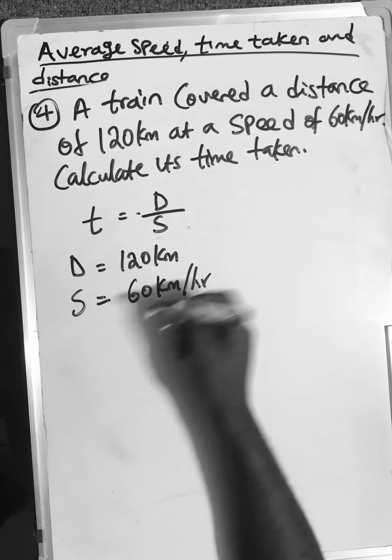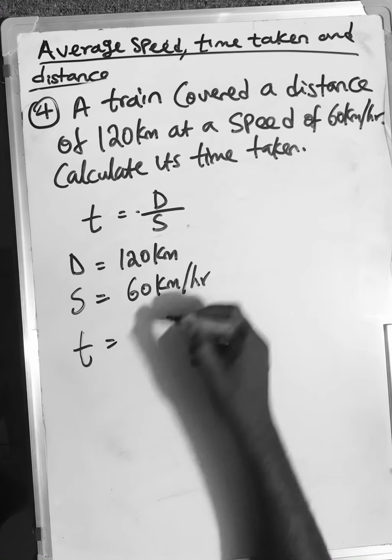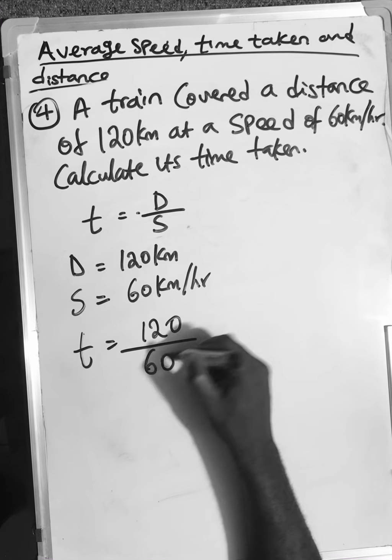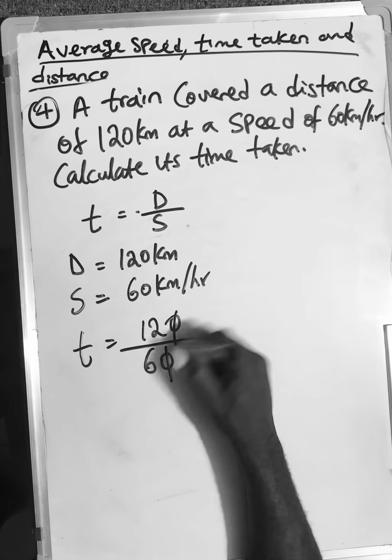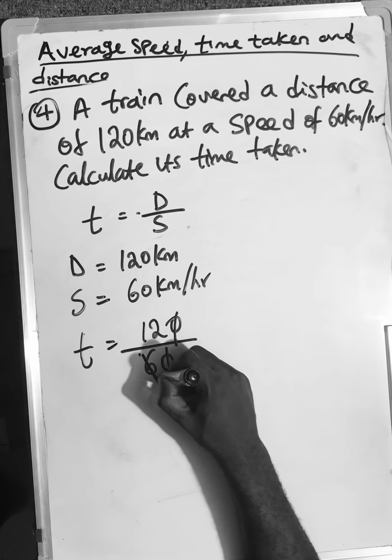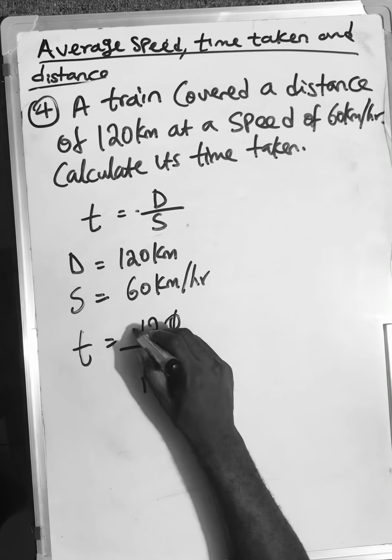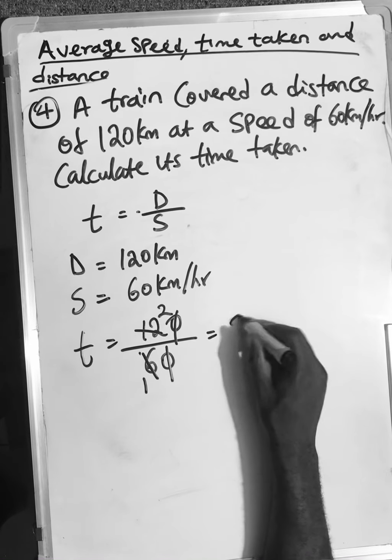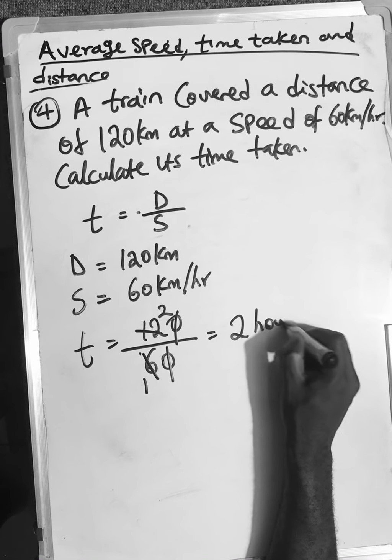So T is 120 all over 60. I'll cancel the zeros. 6 divides itself is 1. 6 divides 12 is 2. So the time is 2 hours.